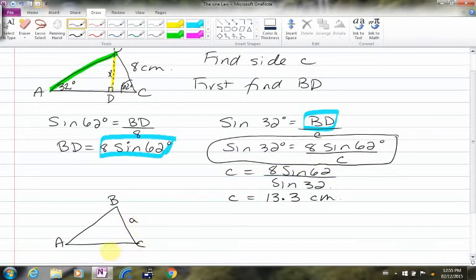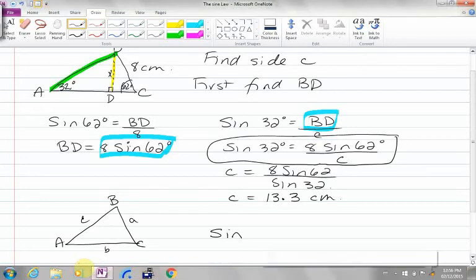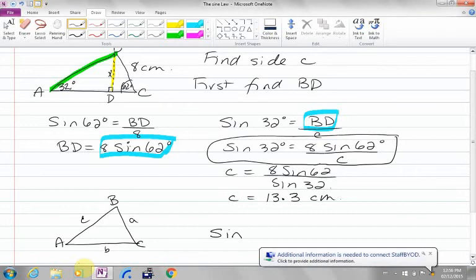So this, of course, is side A, side B, side C. So instead of saying the sine of 32, I'd say the sine of what? C. Look at the diagram, Tyler. You're so quick to answer without thinking. Look where 32 is. That's angle A. So I put the sine of A.